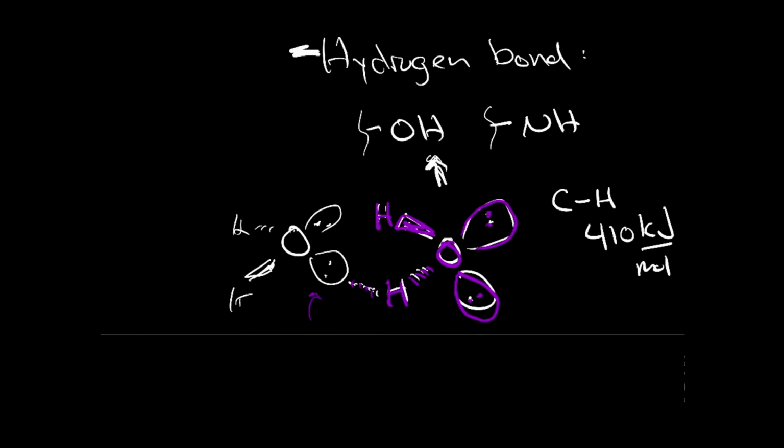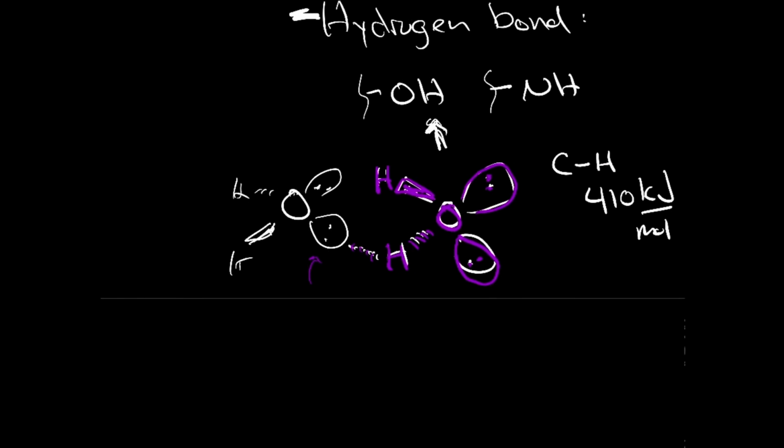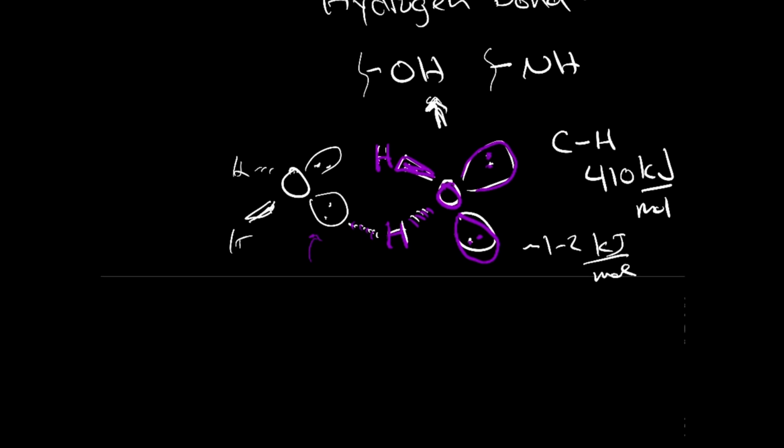All right. Hydrogen bonds, some of them can be pretty weak, like 1 to 2 kilojoules per mole. All right, and so that's like London dispersion forces weakness. That's not very great. They can also be pretty strong, so you can get upwards of 10 to 100 kilojoules per mole.